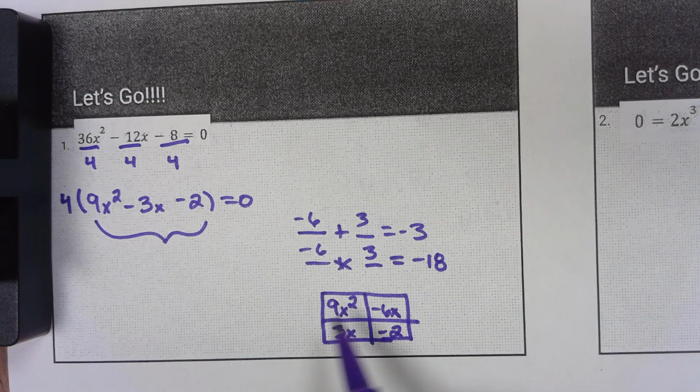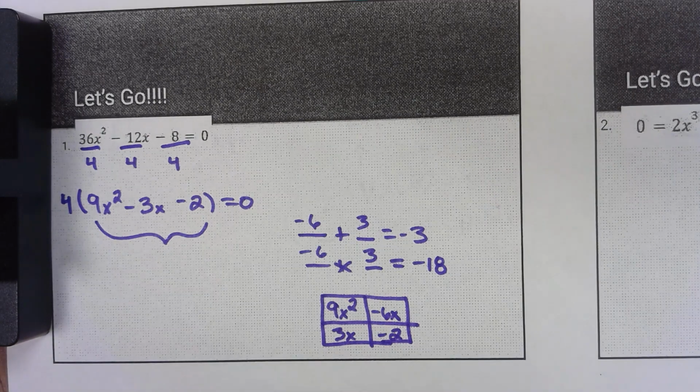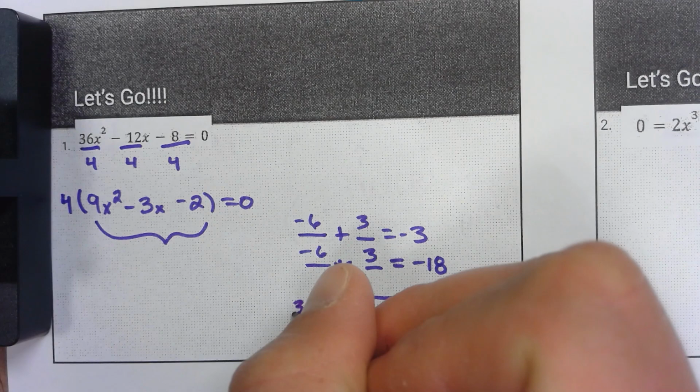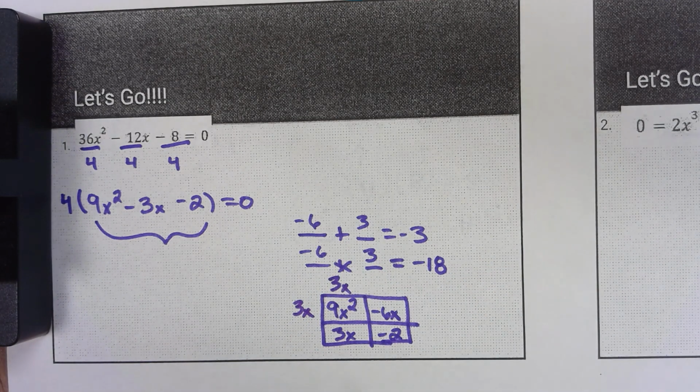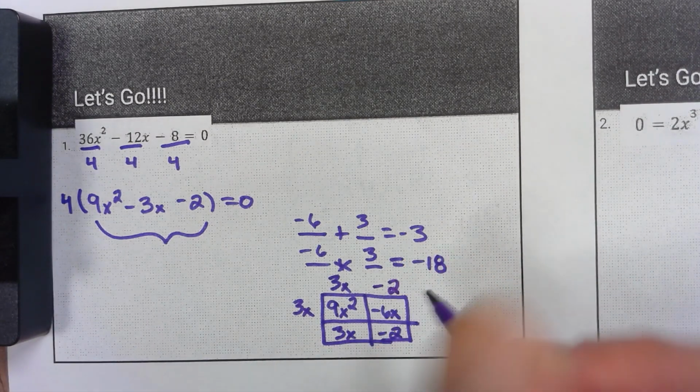I want to think about how I can get this 9x squared. Well, I can do 9x times 1x, but no matter where I place that 9x, I can't multiply it to get to the -6 or to 3. So the other way to get 9x squared is with 3x and 3x. So 3x times 3x gives me 9x squared. 3x times -2 is -6x.